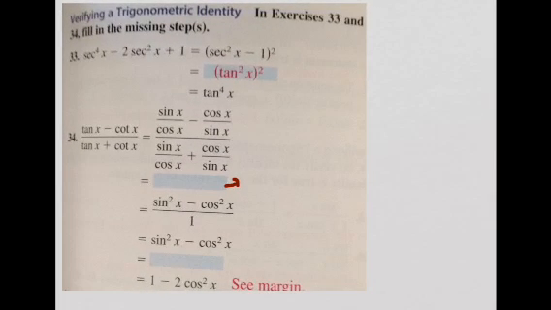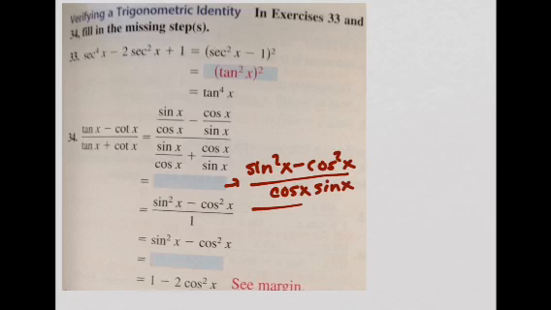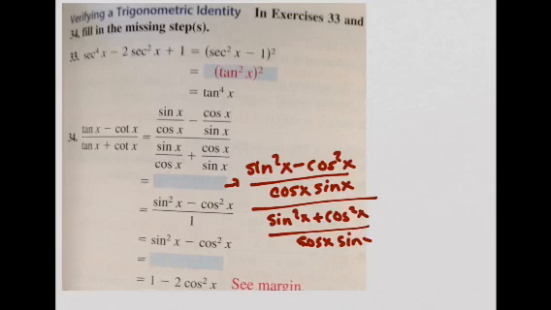It's going to be sine squared x minus cosine squared x over cosine x sine x, over sine squared x plus cosine squared x over, I'll put it in the same order, cosine x sine x. So I added the two fractions in the numerator and the two fractions in the denominator.